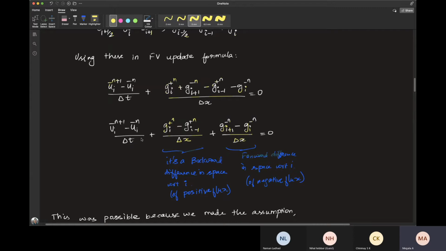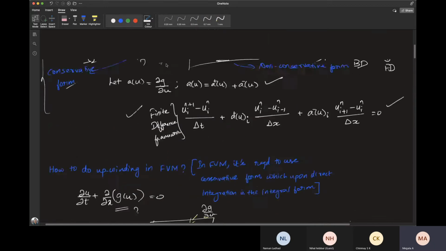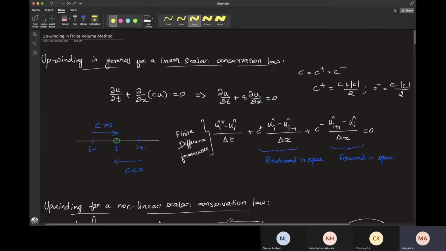The difference is that we are not actually putting the equation in non-conservative form and identifying the wave speeds and then doing upwinding based on the signs of wave speeds. We are essentially looking at the flux itself and we are splitting the flux as positive and negative. In the previous case, wave speeds were split up and by looking at the wave speeds, we did upwinding.